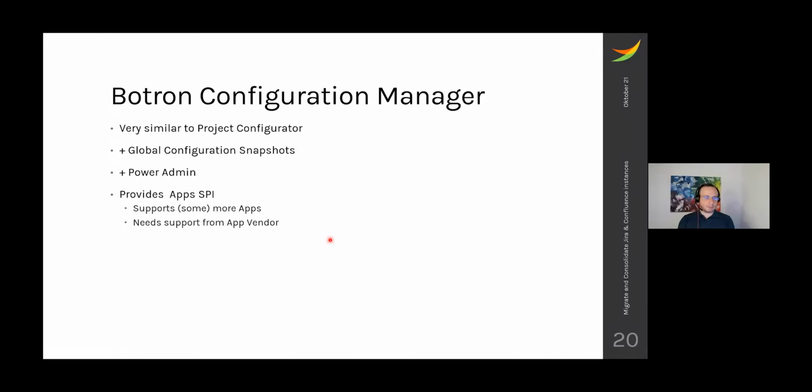And there's also an apps API, SPI, service provider interface, meaning that marketplace app authors can add support to their apps to be migrated, but you still need app vendor support for that. I think Botron has more, I haven't counted them recently, but they have definitely more support from the community than Adaptavist.